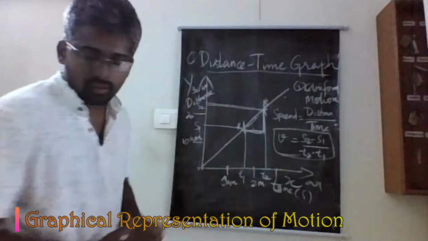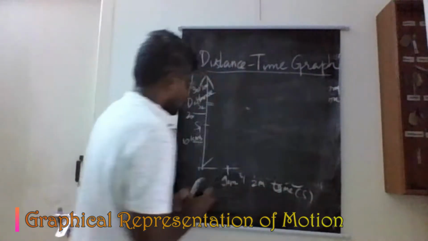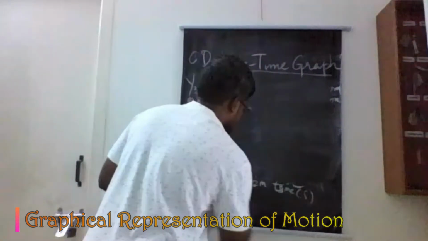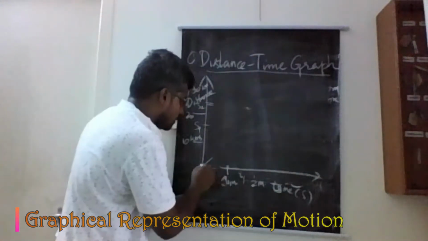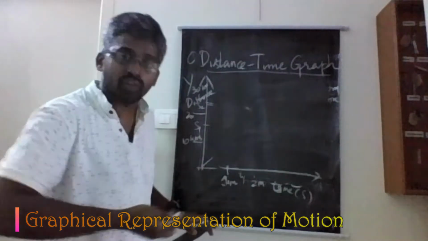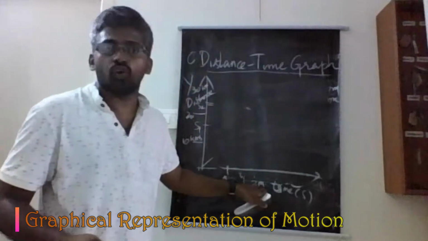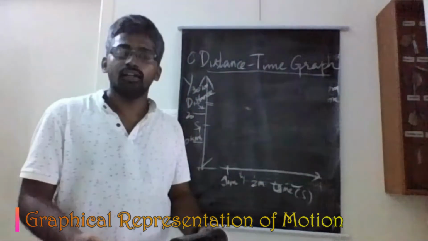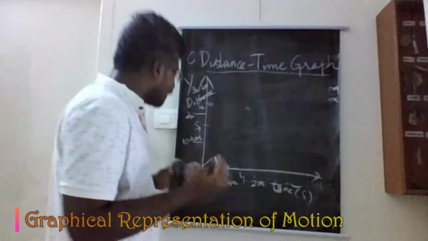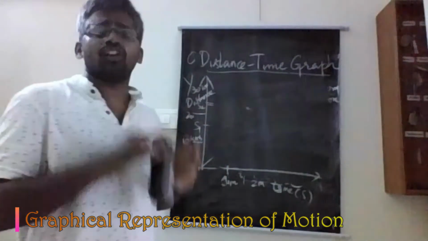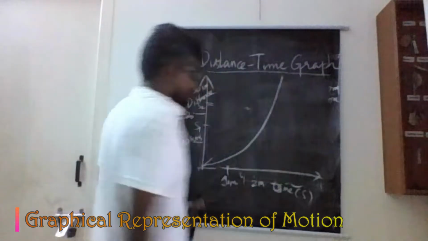For example, for the first 1 hour the vehicle is moving at a different speed. For the next hour, it is moving at a different speed. So the motion is not uniform. For non-uniform motion, you cannot get a straight line, but a curved line.